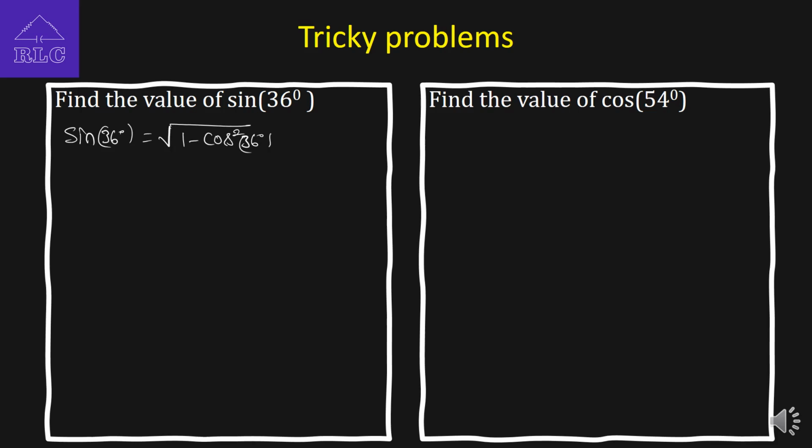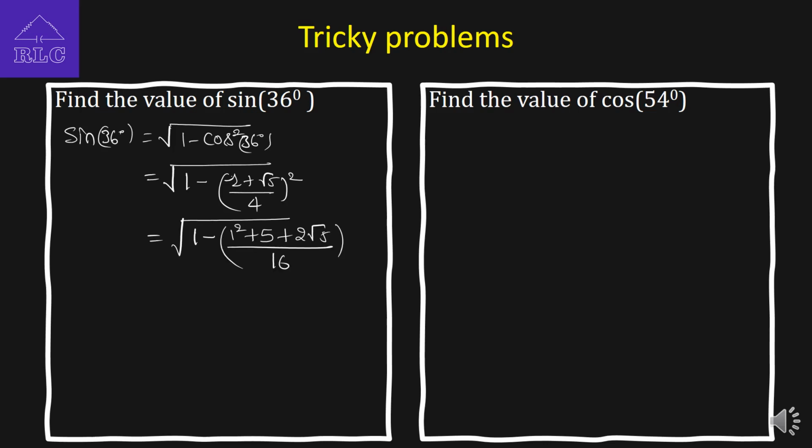As we know cos 36 degrees from the previous slide, now substitute the value: 1 minus (1 plus root 5 by 4) whole square, which is nothing but root of 1 minus 1 square plus 5 plus 2 root 5 divided by 16, which is, if you take LCM, root of 16 minus 1 minus 5 minus 2 root 5 divided by 16.